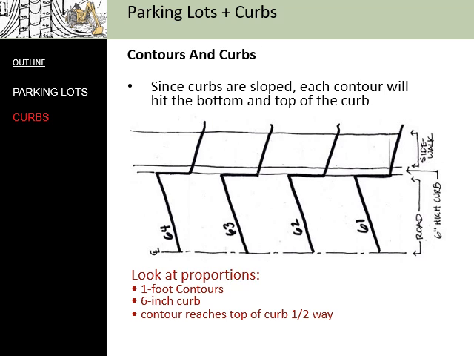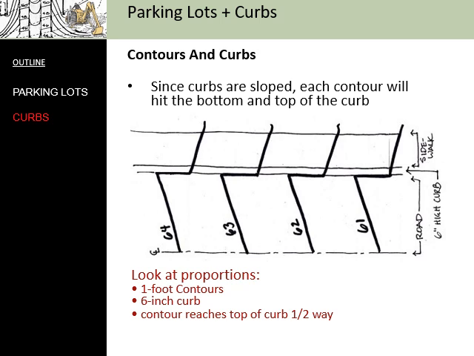So if we are to look at how contours interact with curbs, this drawing gives a pretty simplified explanation, because the contour is running across the parking lot, and then it hits the curb, it runs along the face of the curb, and then comes off the face of the curb onto the sidewalk. It's good to look at this and recognize the proportions.